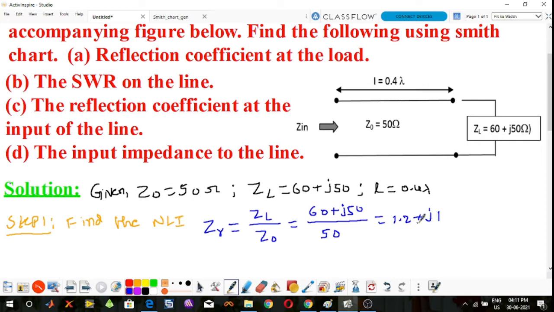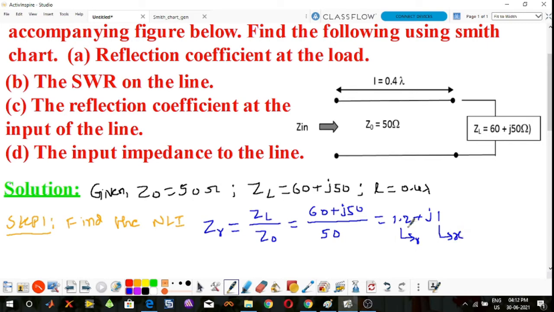And this is the value of the normalized load impedance. Here the normalized load impedance is a complex quantity. It has a real part and an imaginary part: 1.2 is the real part and 1 is the imaginary part of the normalized load impedance.